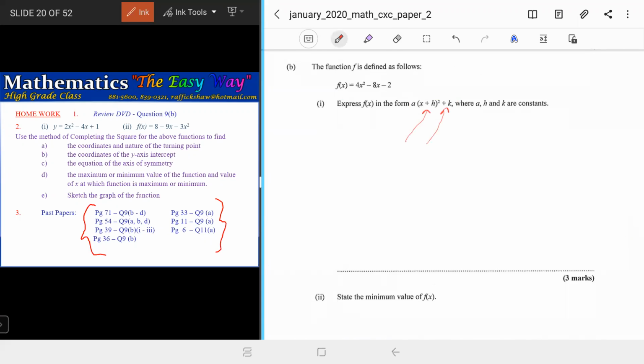The problem is that when they change it from h and k, a lot of students get confused. Sometimes they even put a minus right there instead of a plus. If the teacher teaches you with a plus and they give you a minus and you calculate for the plus, it's going to be wrong. The plus or minus in here makes a difference.